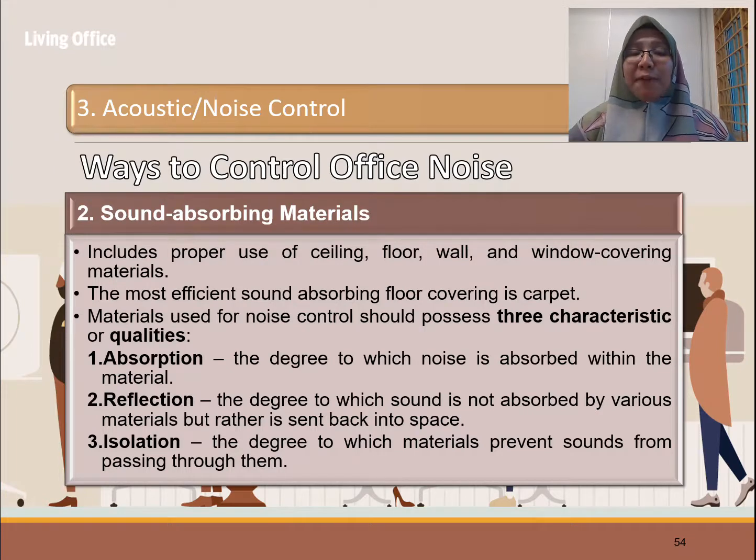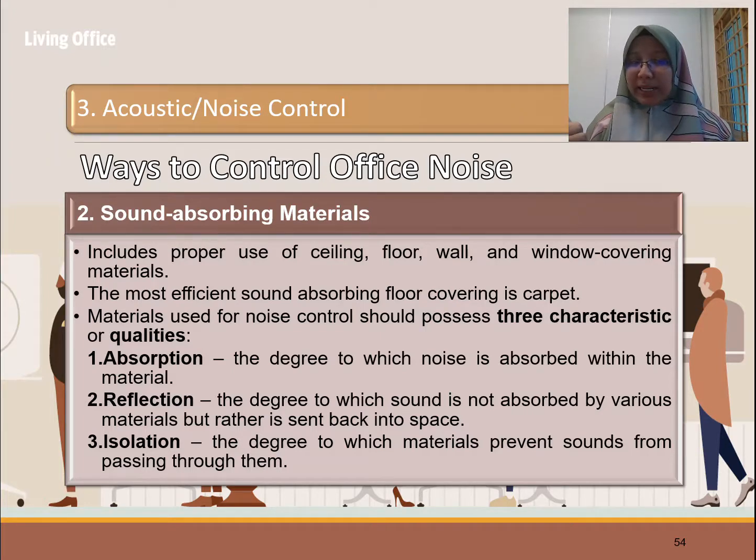The most efficient sound absorbing floor covering is, yes, the carpet. You are familiar with the carpet, because the carpet is one of the materials that can be used to absorb the sound.